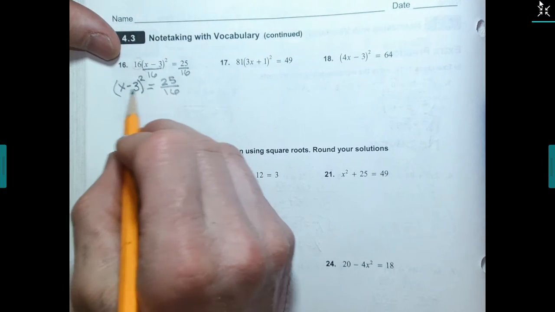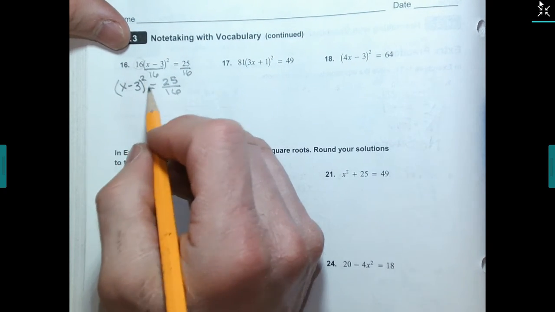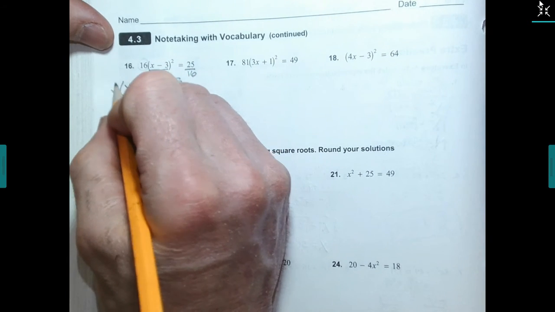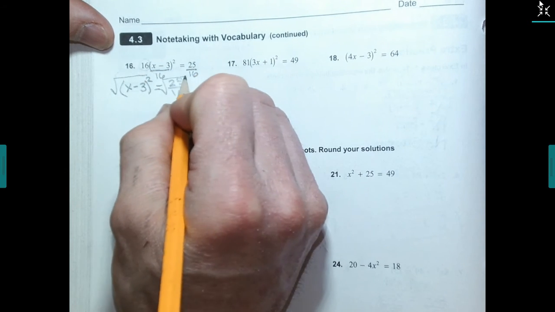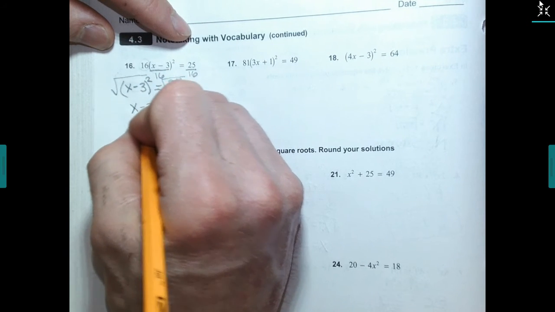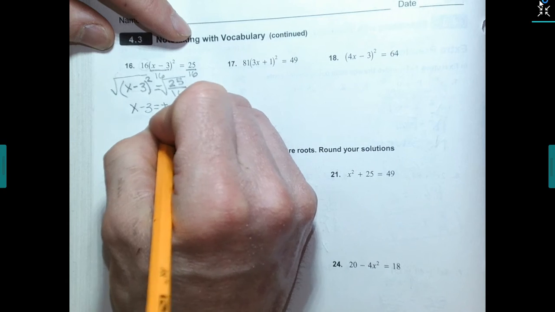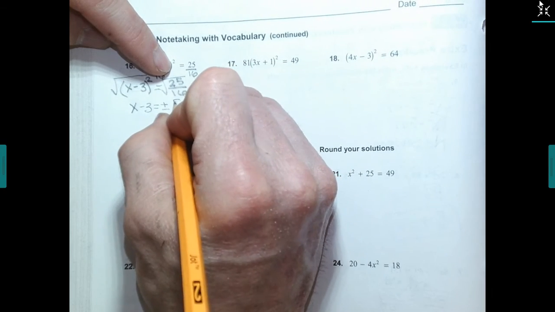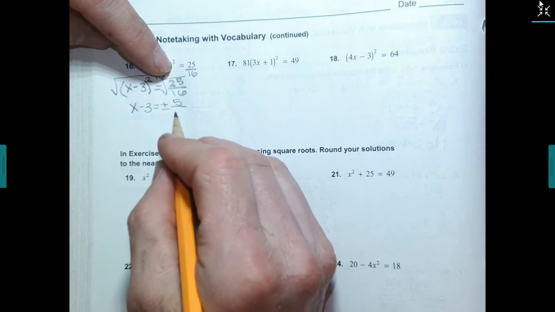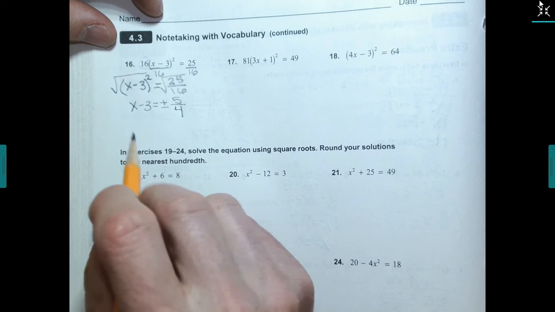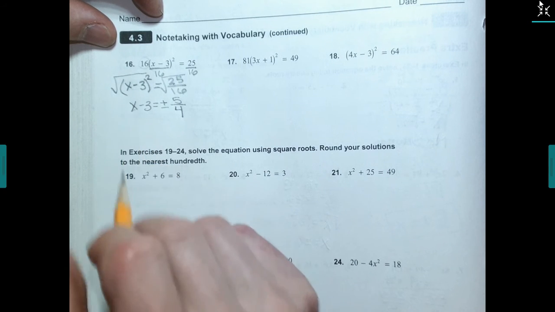Now, x minus 3, this is a unit that's squared. So in order to get this x by itself, I have to first take the square root of it. So the square root of this would be x minus 3 plus or minus, oh, this is nice. What's the square root of 25? That's 5. What's the square root of 16? Well, that's 4. Now, I'm not done because I still have this negative 3 attached to the x.